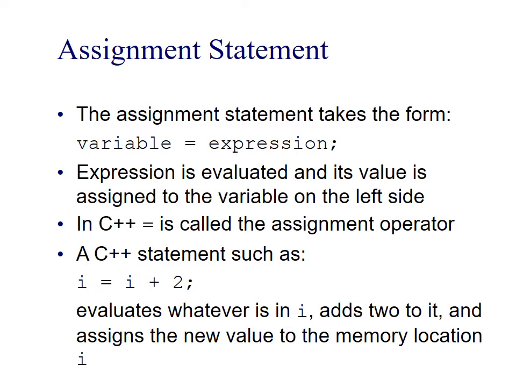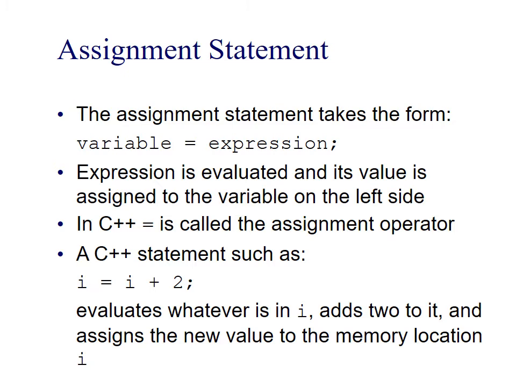And an assignment statement means assigning a value to the variable. Like a is an integer, and I want to assign the value 5 to a. So just say a equal to 5. We use the equal sign to assign the value to the variable.